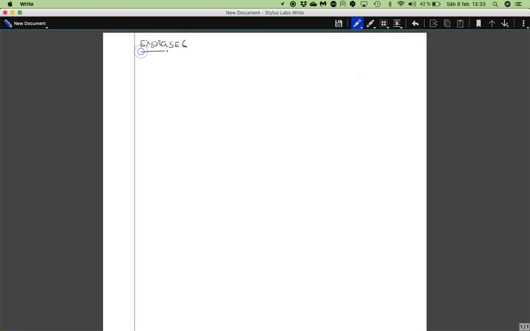So this is exercise number 6. In this exercise, they tell us that we consider a system in which the output y[n] can be calculated from the input x[n] by taking the input and convolving the input with itself.